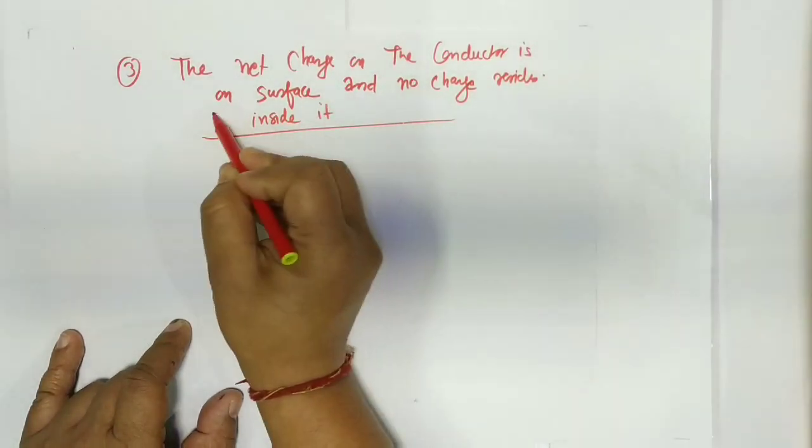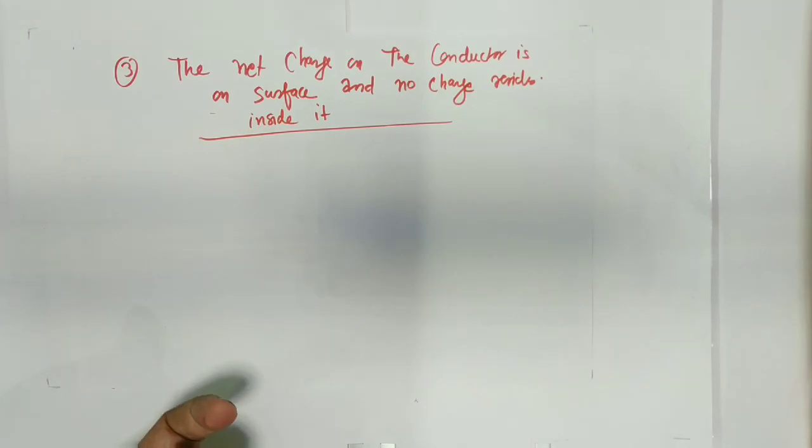That means there is no charge in the interior. The net charge is on the surface of the conductor. So what does it mean? I will explain to you.